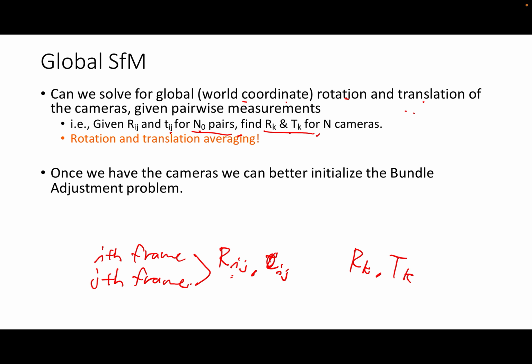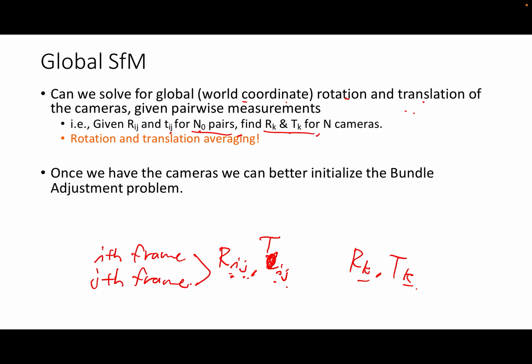Here we have two subscripts, right? That means relative rotation between frame I and frame J, and translation between frame I and frame J. But here Rk, Tk means the camera rotation and camera translation of the kth frame relative to world coordinates.